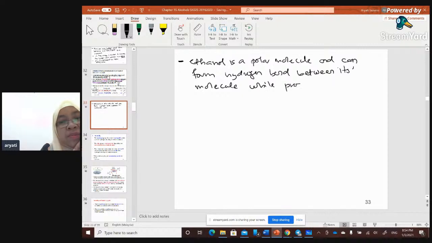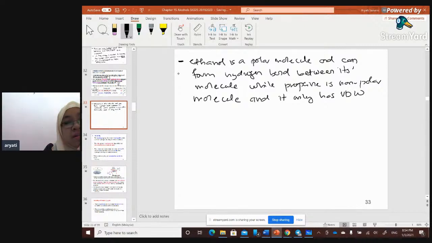While propane is non-polar molecule and it only has van der Waals forces between its molecules.